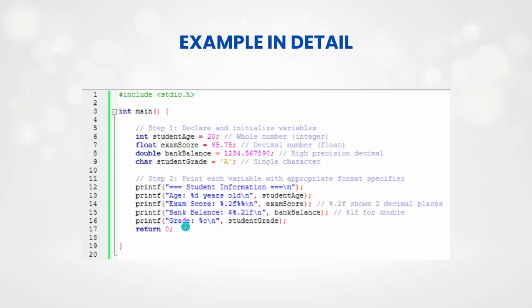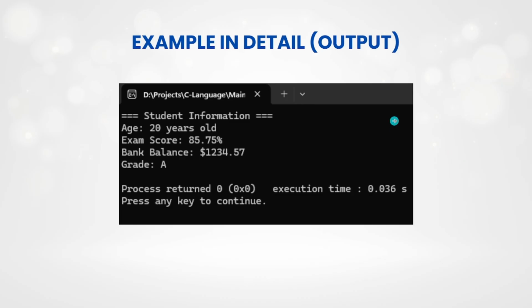Finally, we have grade, %c. This indicates a character. Then the student grade. So it will display A in the console. So this is the detailed example output. You can see here we have age 20 years old, exam score 85.75, bank balance 1,234.57.